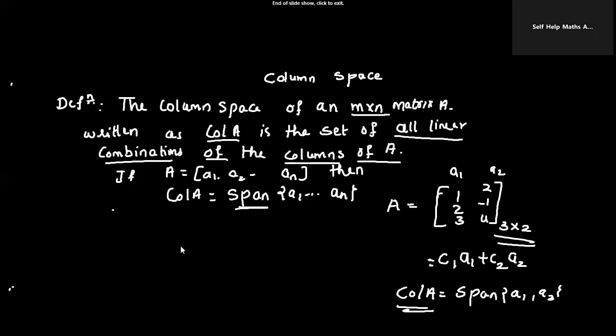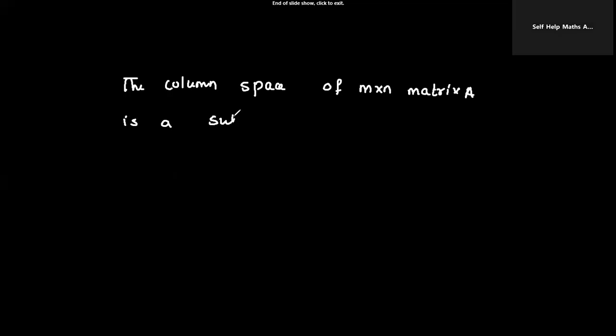One of the properties says that the column space of an M cross N matrix A is a subspace of R^m.